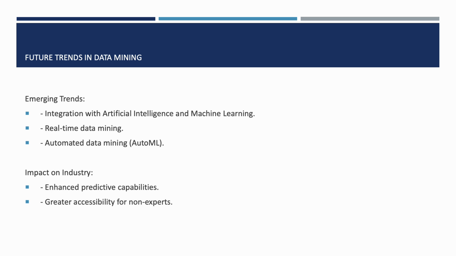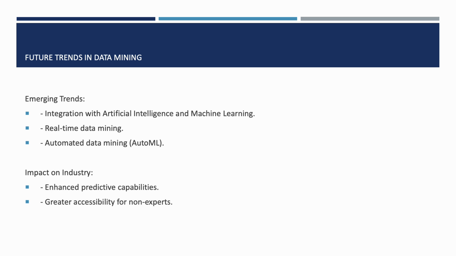Now, what is the impact on industry? With the advancements in AI, ML, and real-time processing, businesses can build more accurate and powerful predictive models, which enhance the predictive capabilities. Then the rise of AutoML and user-friendly data mining tools means that mining is no longer limited to experts.